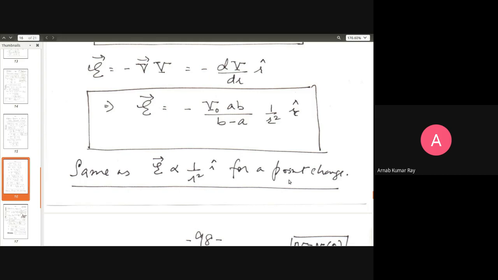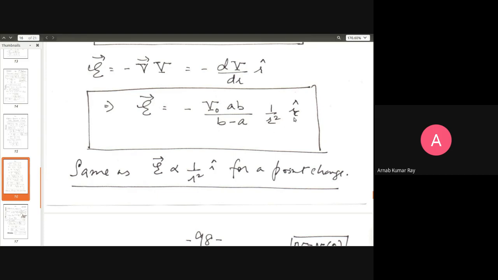And the electric field due to that point charge is given by the Coulomb law: Q divided by 4 pi epsilon naught r squared r cap. The same thing you see over here.